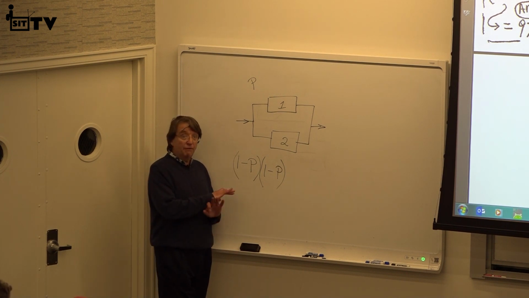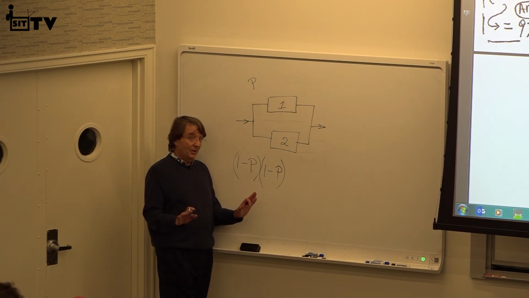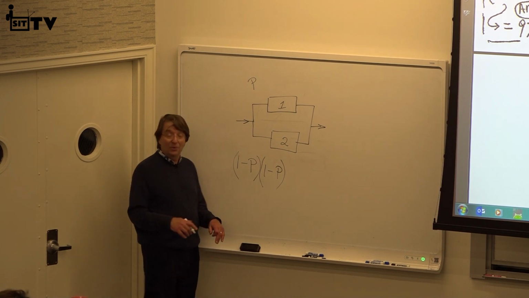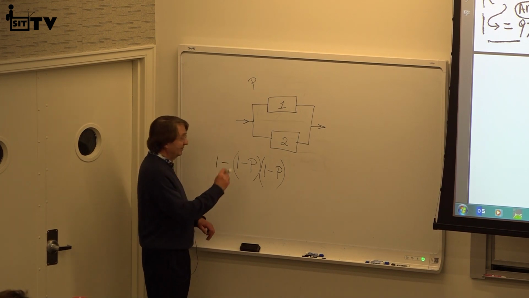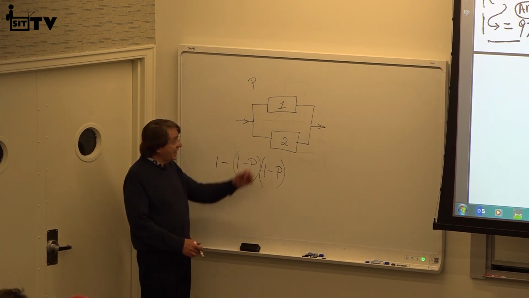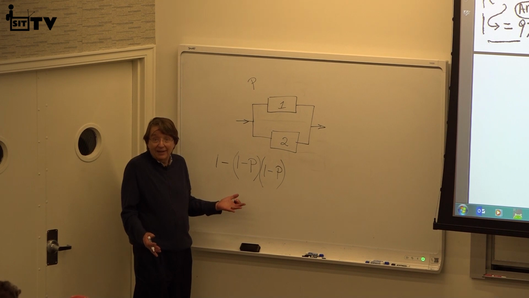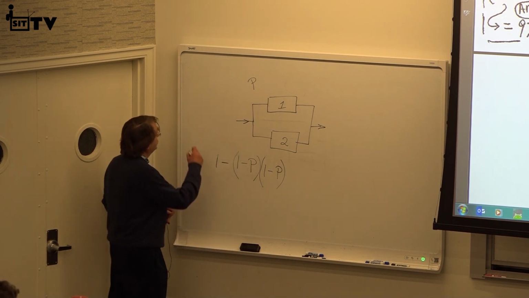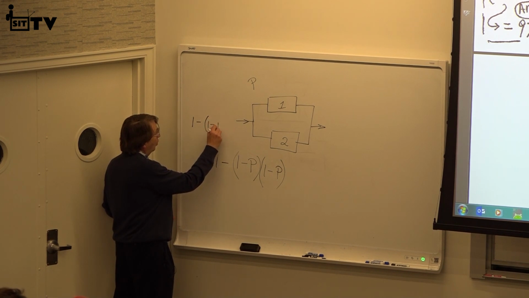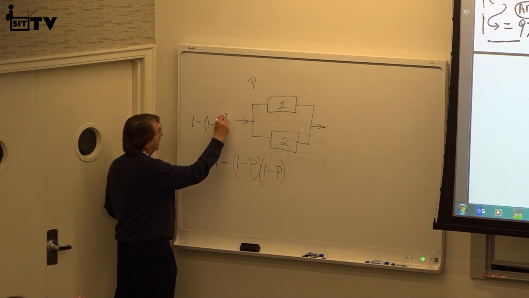That's the probability of not working. What's the probability of working? 1 minus that. That's it. Simple as that. Now, if I gave you 10, you got it. If I gave it 20, you got it. So the probability of this working is 1 minus (1 minus p) squared.